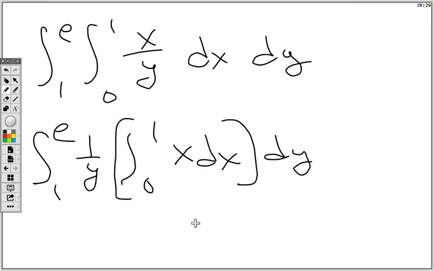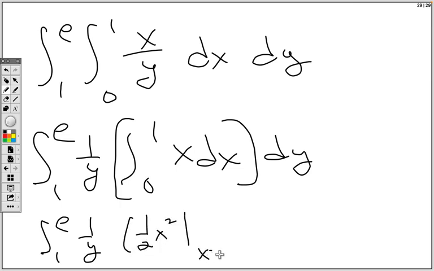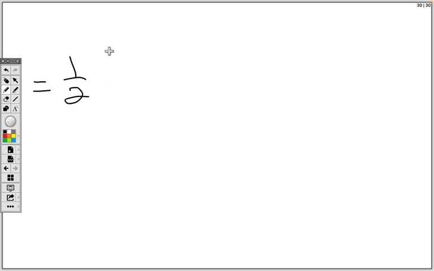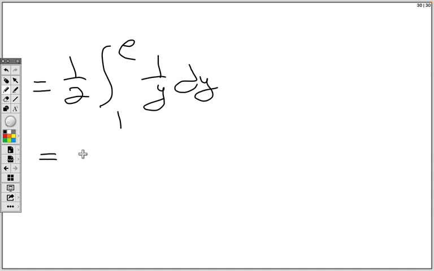And then we could integrate this, the same way you would in Calc 1. 1/2 x squared, x equals 0 to x equals 1, dy. So that would get you 1/2, which you can bring out front. And you integrate that. That gets you your natural log.